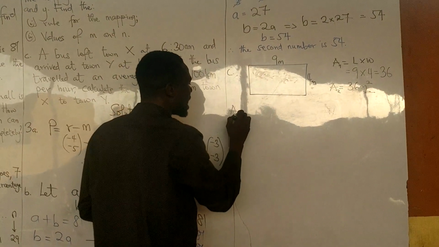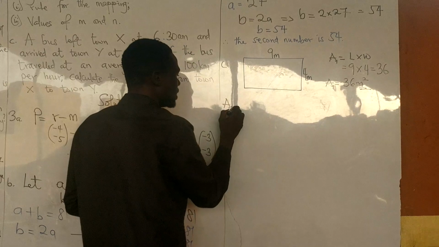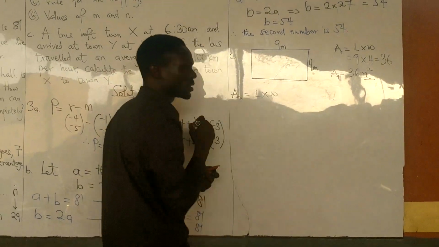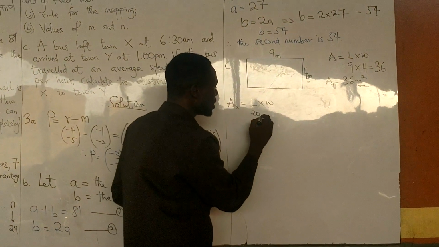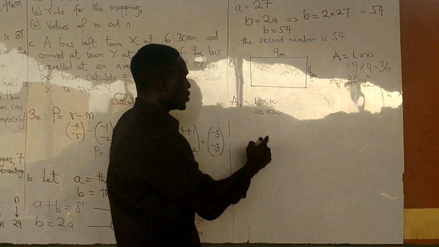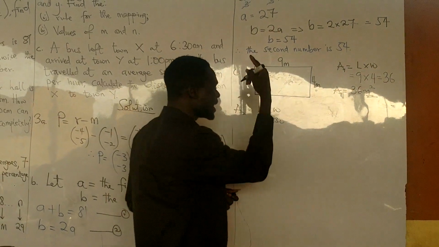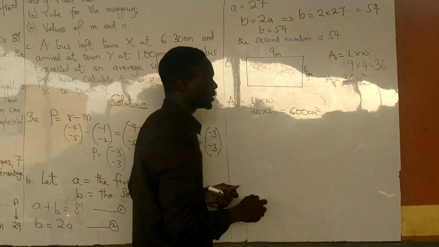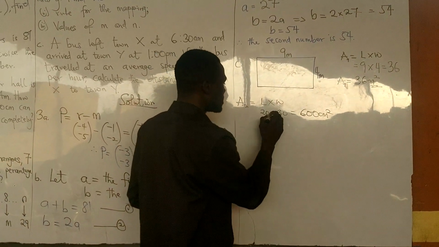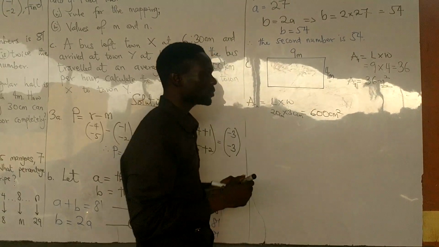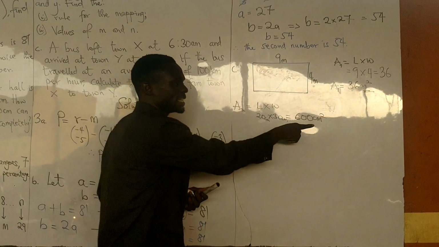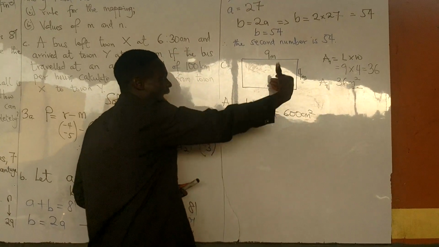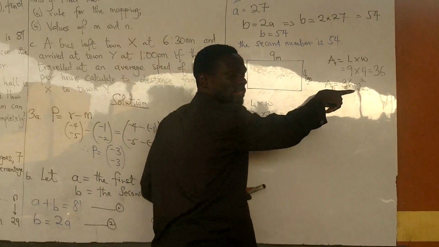So area of the tile is also length times width, which is 20 by 30. When you multiply 20 centimeters by 30 centimeters, you are going to get 600 centimeters squared. So this is the area of the tile for one. And the total rectangular hall is this.